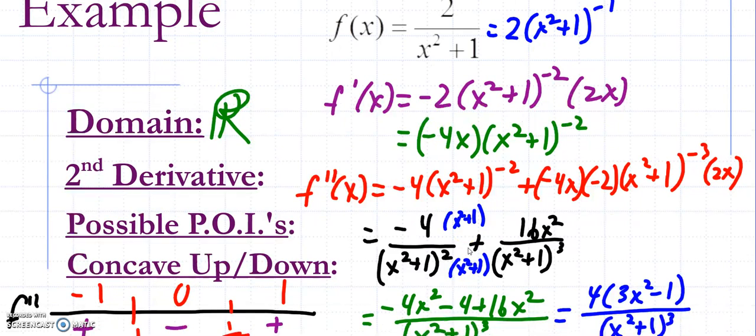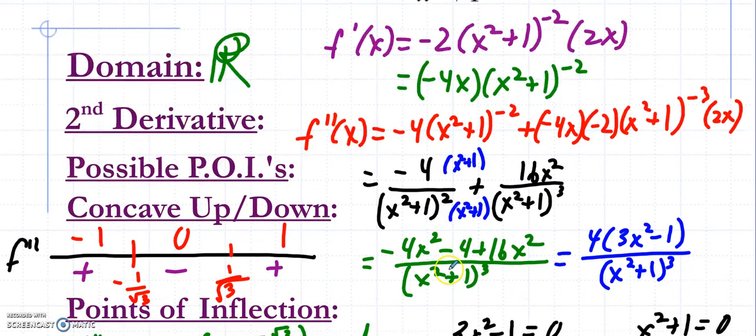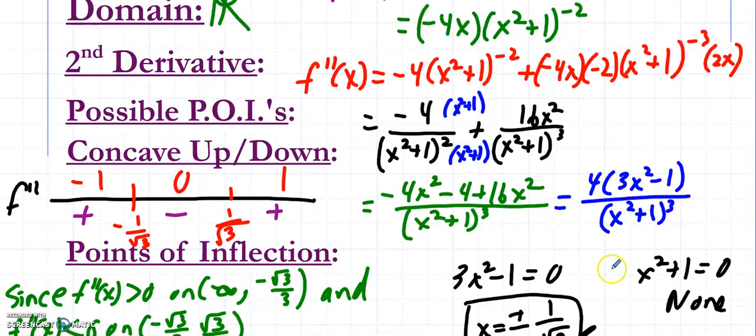Now I simplified and got a common denominator, because I'm going to have to set the numerator and denominator equal to 0, so I need it to be a single rational function. So I got a common denominator, combined like terms, factored, and I end up with my second derivative being 4 times the quantity 3x squared minus 1 over x squared plus 1 cubed.